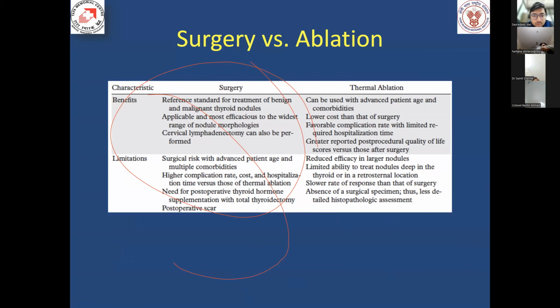When we compare surgery to thermal ablation, surgery has been around for a very long time, and it is the modality of choice for any type of tumor, and it is pretty much the gold standard. As compared to that, in ablation the cost is less. The complication rates are less because it is extremely minimally invasive, and post-op the quality of life is better.